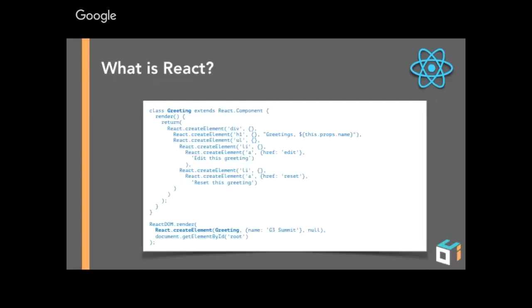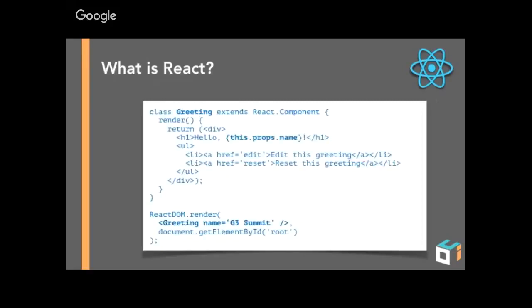And this is the problem with expressing UIs through function calls in JavaScript, is that it begins to get pretty unwieldy and difficult to read and to reason about. And so if I convert this plain JavaScript back to JSX, it's much more apparent what's going on, right? As those of us who are web developers, HTML and XML is almost as good as visualizing our code, right?